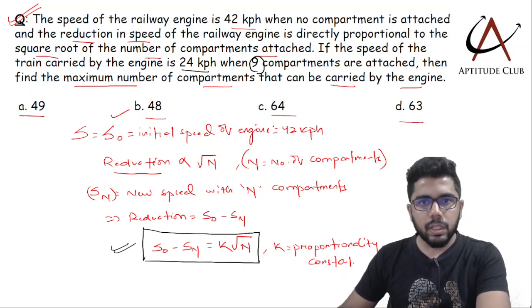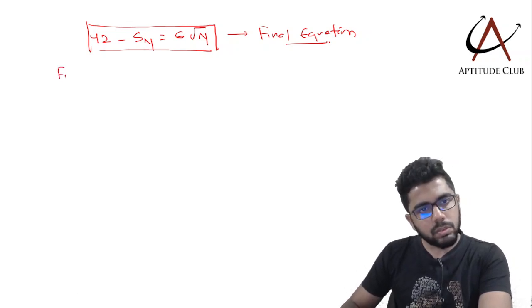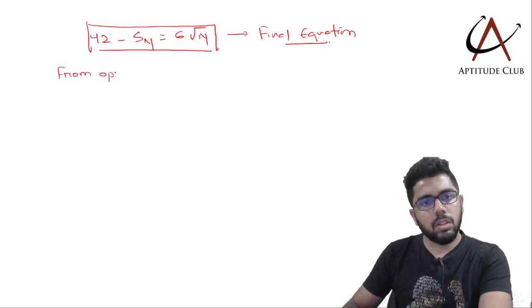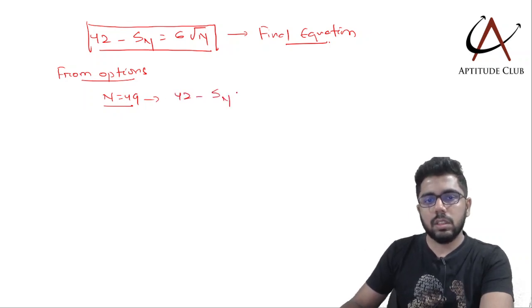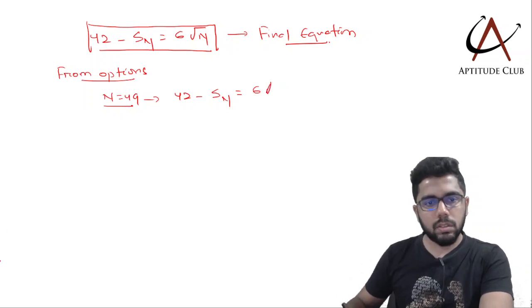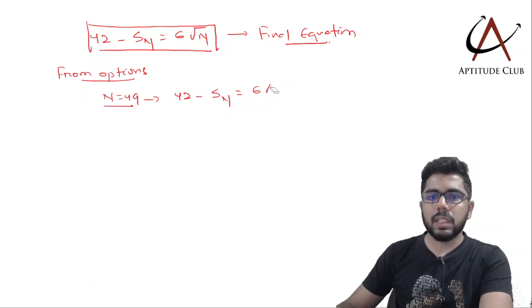Now if the train at least moves, think about this from the options. If I put n is equal to 49, then what happens? 42 minus Sn is equal to 6 times square root of 49, because the option is telling about the number of compartments maximum that you can attach.